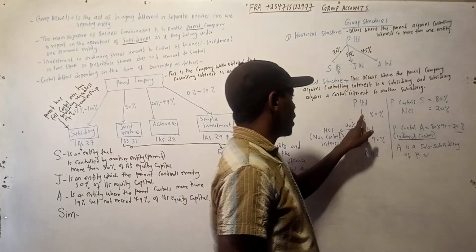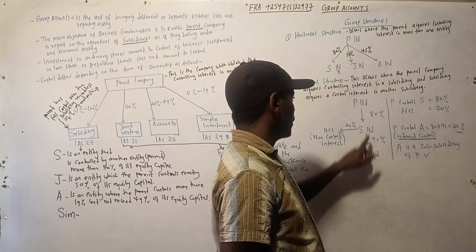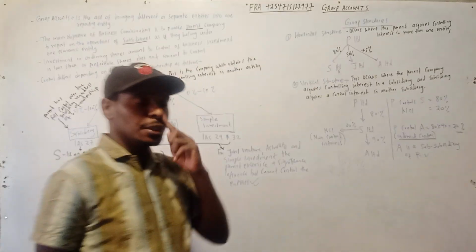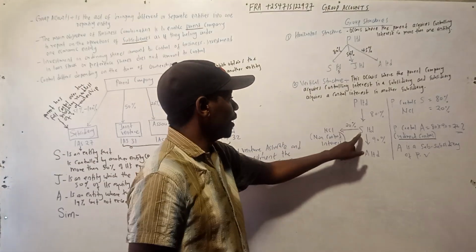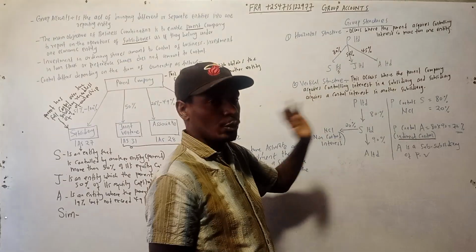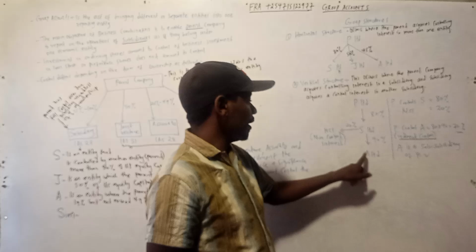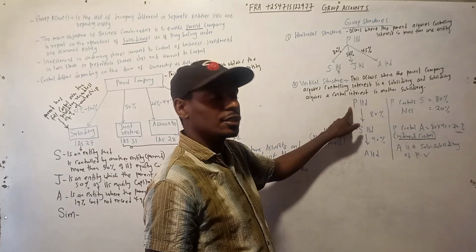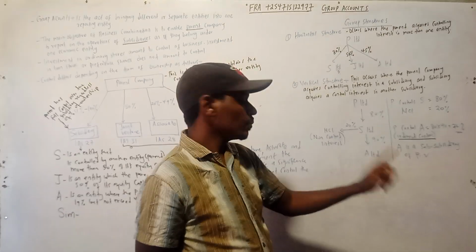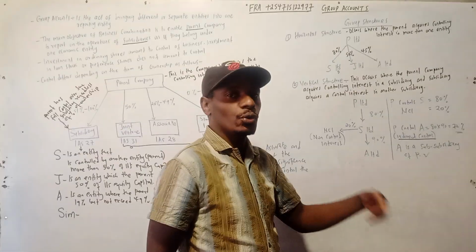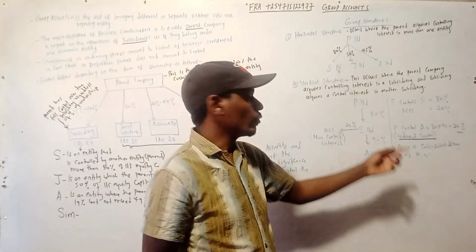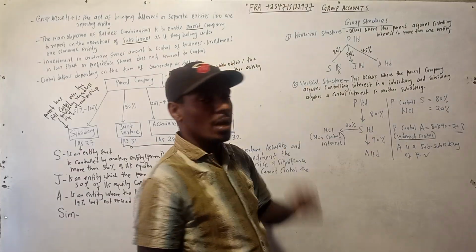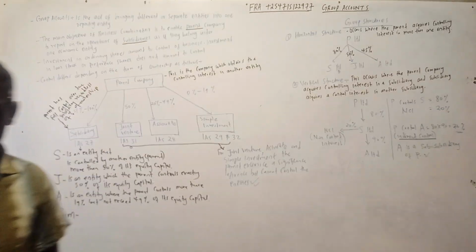Because when you take the share of P in A, 80 times 90, it is more than 51%. So it becomes a subsidiary. So S is a subsidiary of P because P controls S. But A is controlled by P indirectly through S. Then A becomes a subsidiary because it is controlled indirectly from the parent company through another company which is controlled by P.